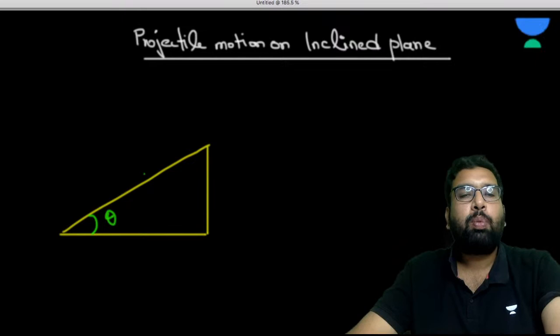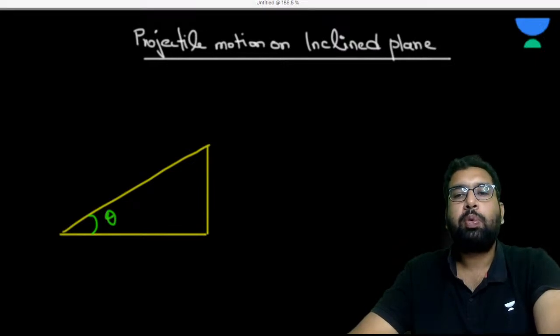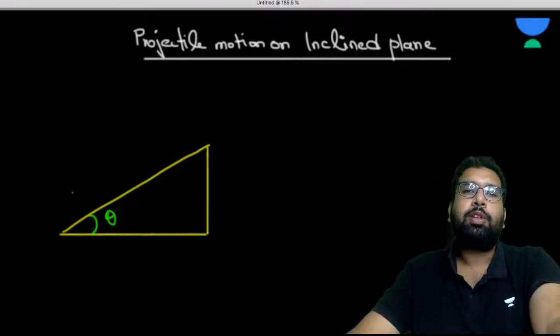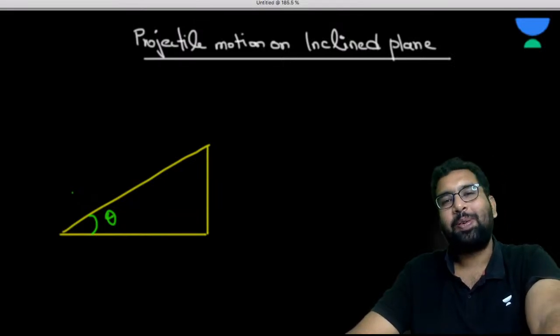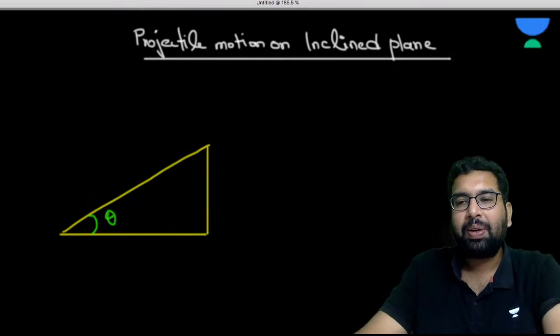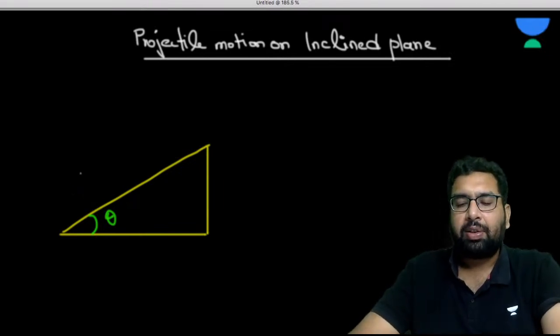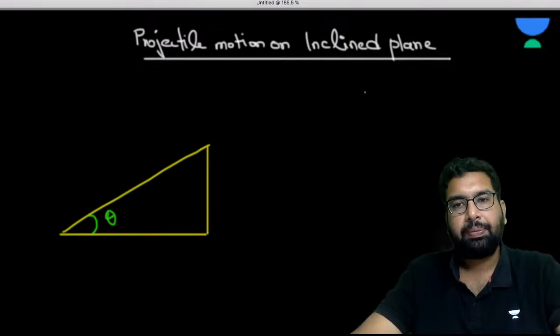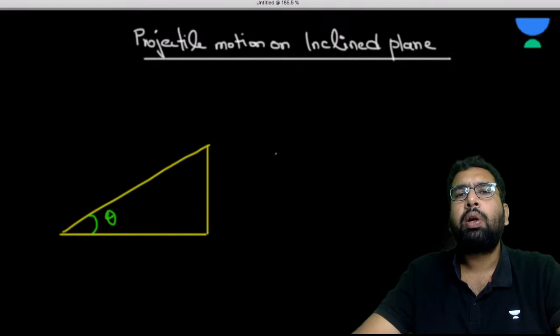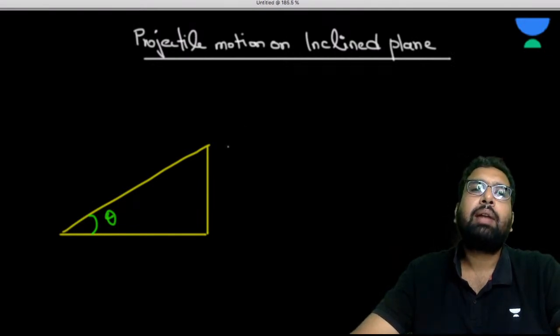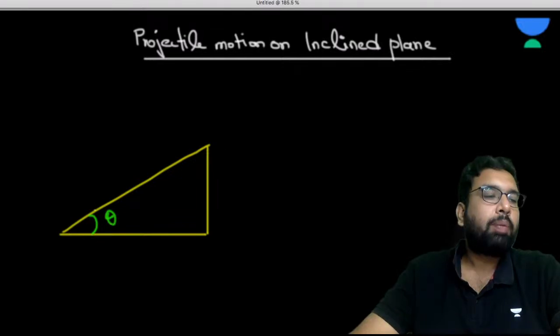For projectile motion on an inclined plane, you have to use a little of equations of motion and a little of vectors and we are good to go. There can be several ways of solving this question. Let's consider firstly, when we talk about projectile motion, a particle can be projected from bottom to top.